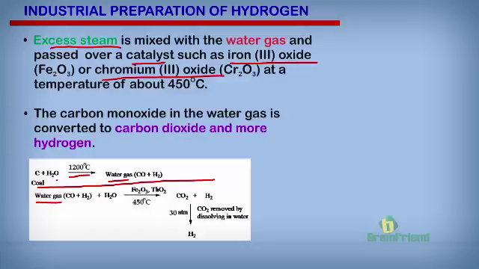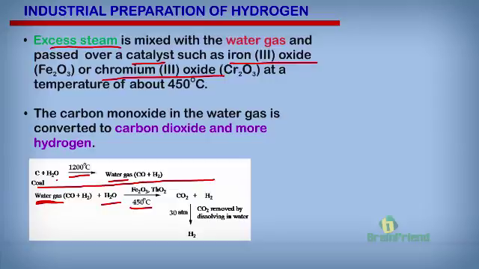And the second reaction is that excess steam is mixed with the water gas produced, over a catalyst such as iron 3 oxide or chromium 3 oxide at a temperature of 450 degrees Celsius.